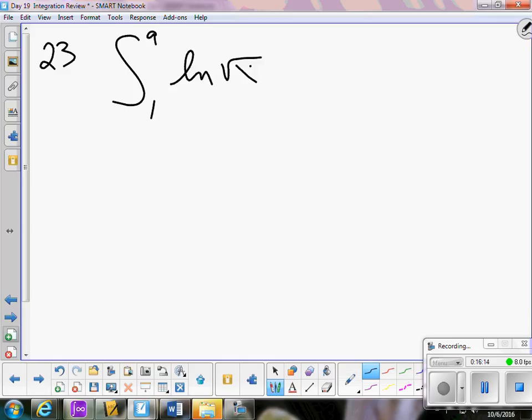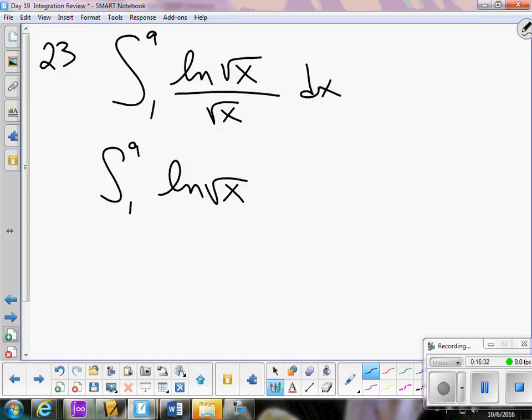ln rad x. Nice. How great is that? She split them up. That's one of those sneaky u's. The rad x, the 1 over x. Those are the sneaky u's. You have to kind of take them out of the shadows. So we'll rewrite that as the ln of rad x times 1 over rad x.